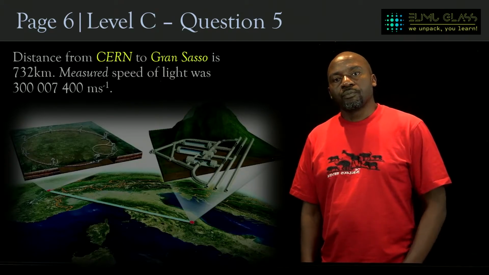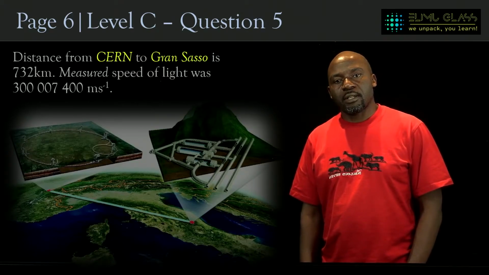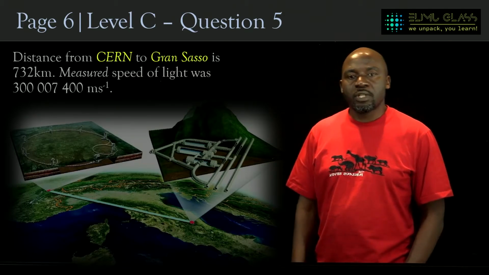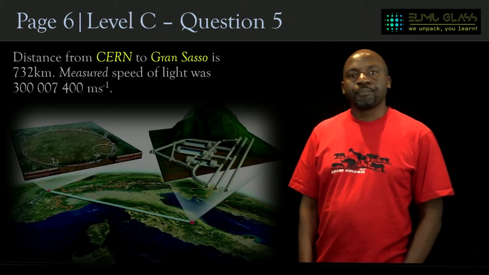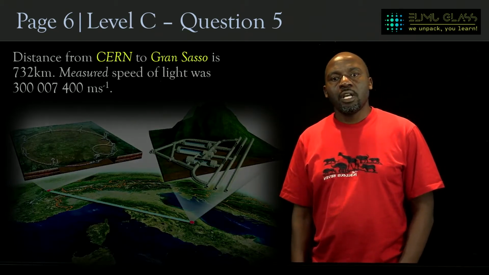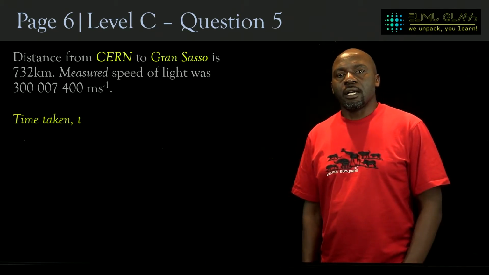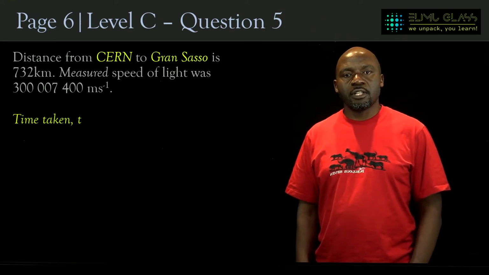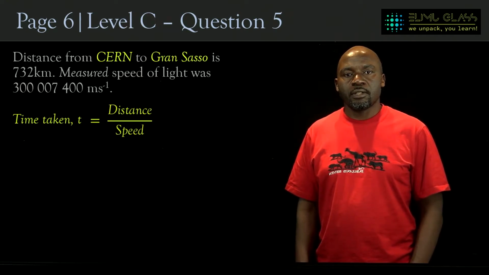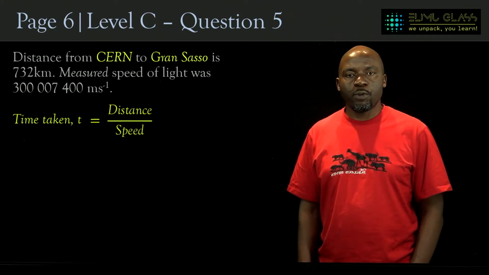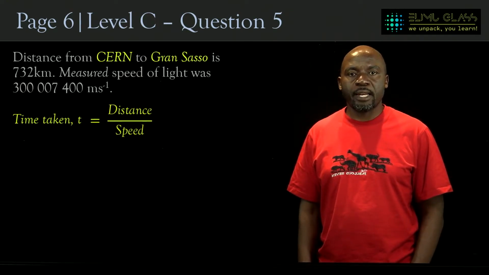So what time would it take a particle called neutrino to travel from Switzerland to Gran Sasso in Italy? To answer this question, we need to remember the relationship between time, distance, and speed. Time is equal to distance over speed. I hope we know this, but if you don't, well, now you know.